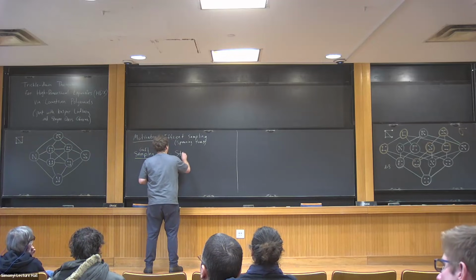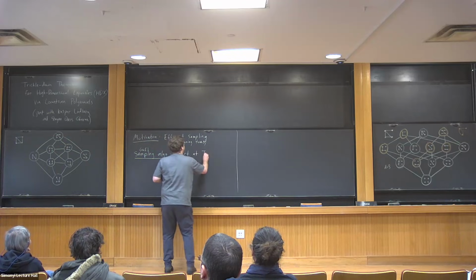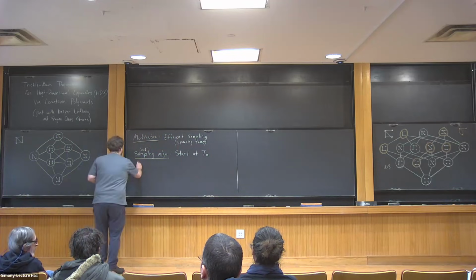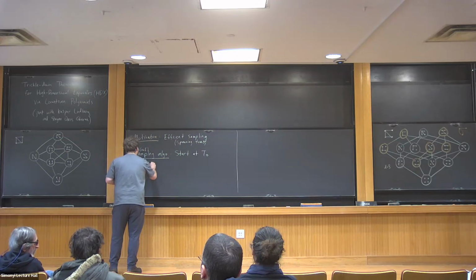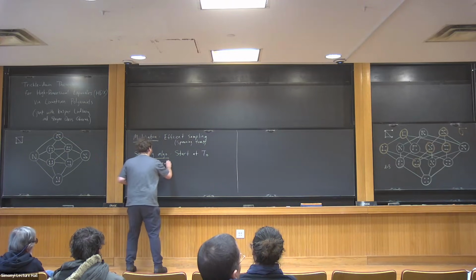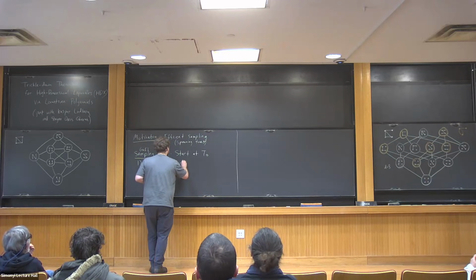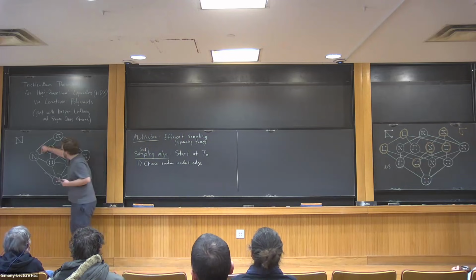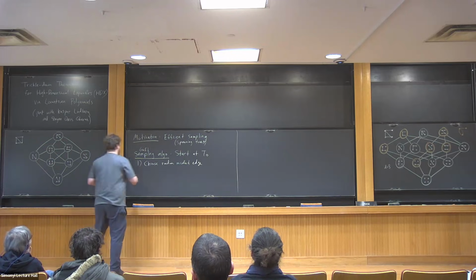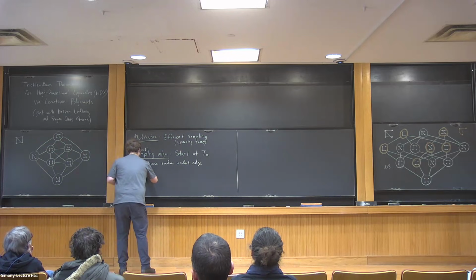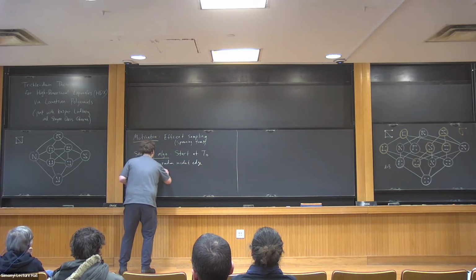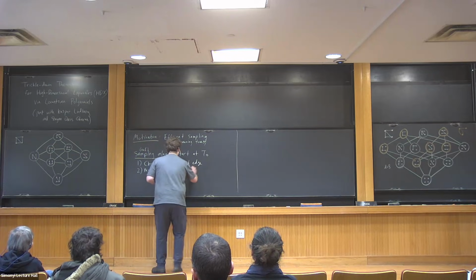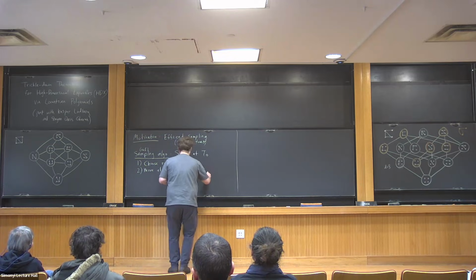So how does this algorithm go? Well, I'm going to start at some spanning tree T0, maybe this one, okay? And now I'm going to choose a random incident edge. Maybe I pick one of these 4 edges uniformly randomly. And then I'm going to move along that edge with, let's say, 50% probability.